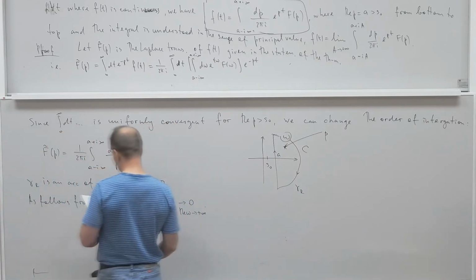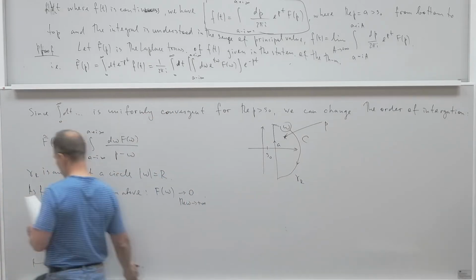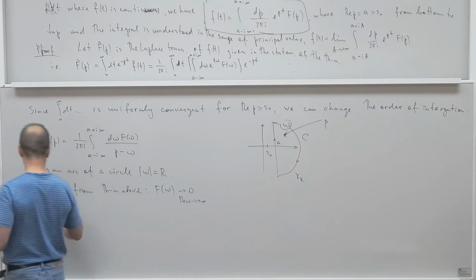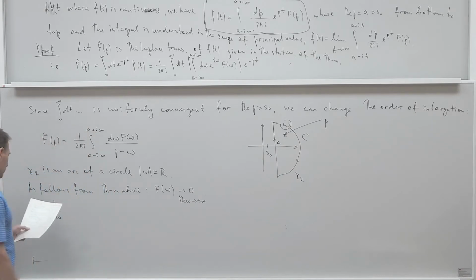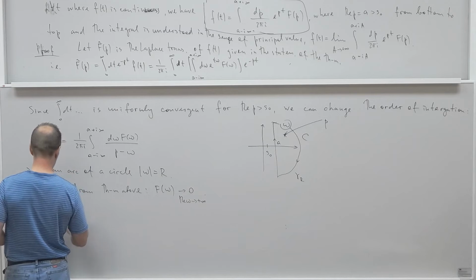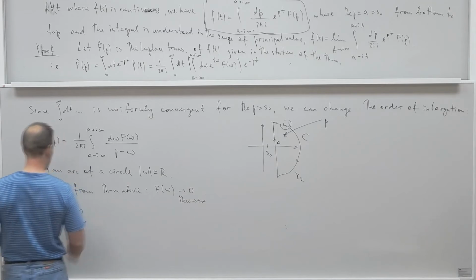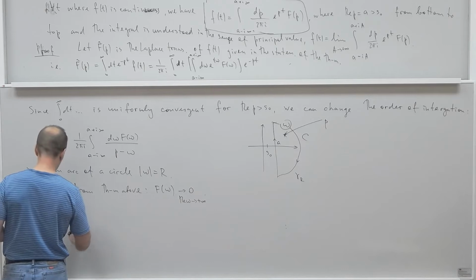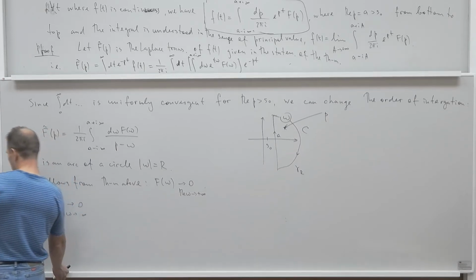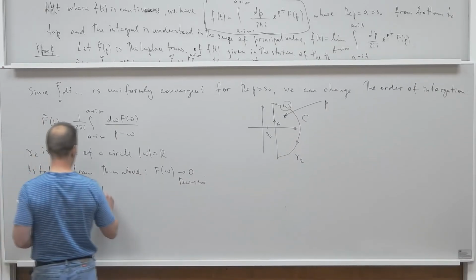As for 1 over p minus omega, it also tends to 0 when omega tends to infinity.